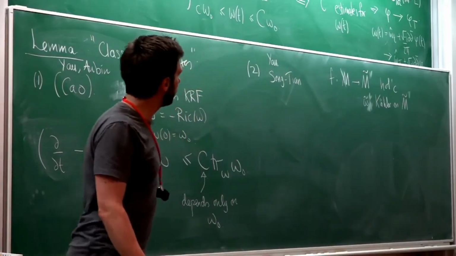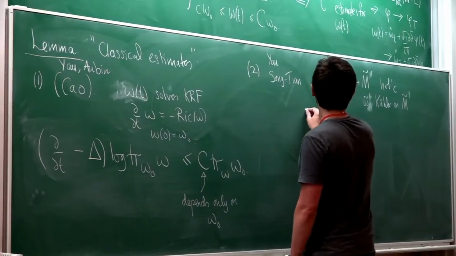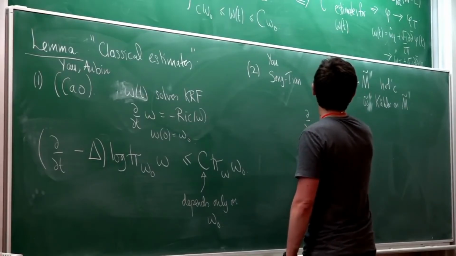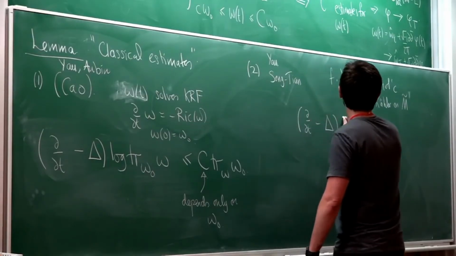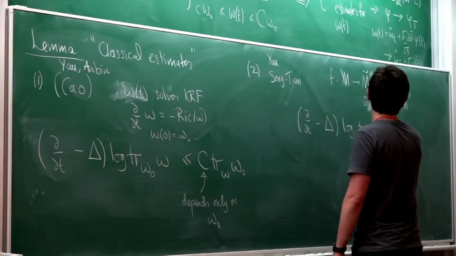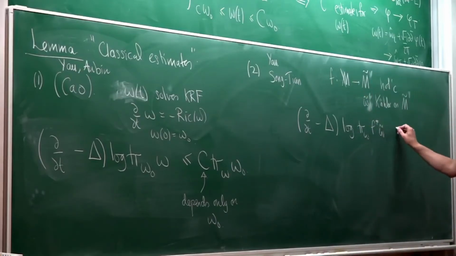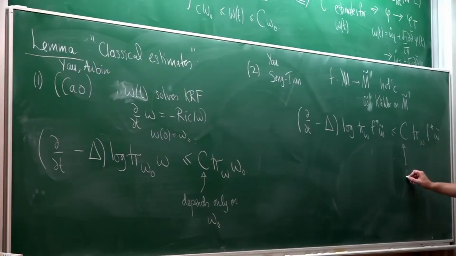Then we have that d/dt minus the Laplacian of the log of the trace with respect to omega of the pullback of omega tilde is bounded by a constant times the trace with respect to omega of the pullback of omega tilde, where this constant depends only on the curvature of omega tilde.